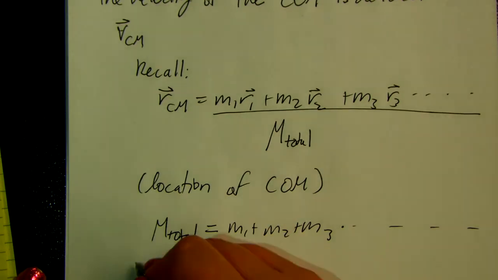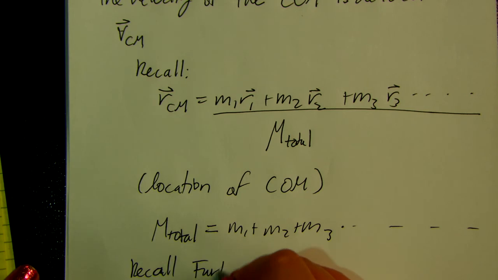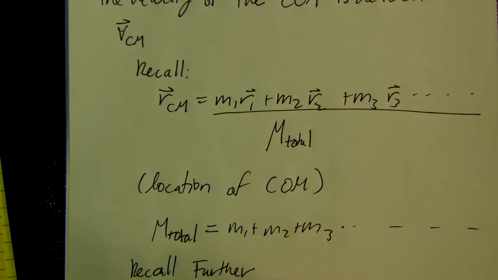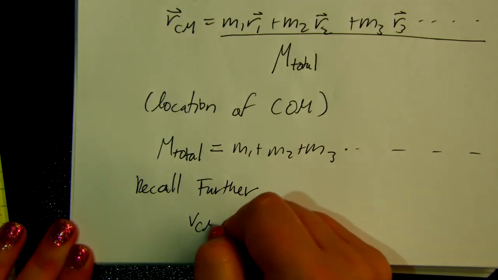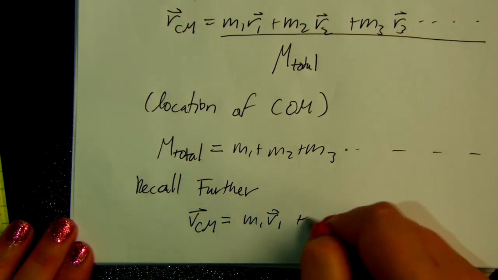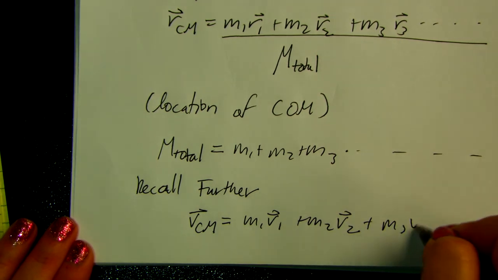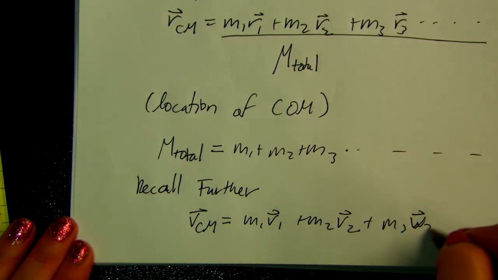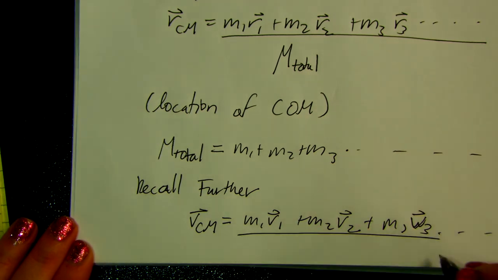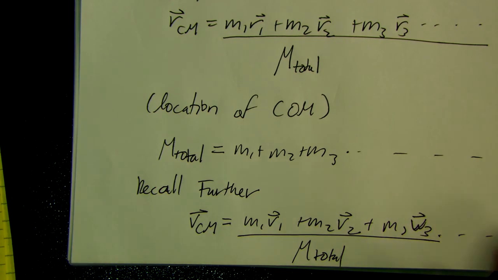And if you recall further, back to when we used to see each other, the velocity of the center of mass is equal to M1 V1 plus M2 V2 plus M3 V3, and so on and so forth, divided by M total.